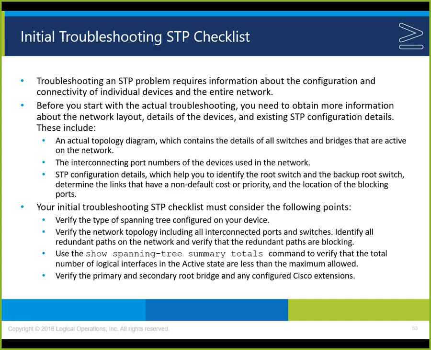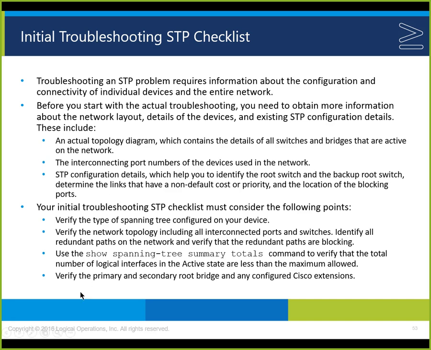Initially, consider the following: the type of spanning tree configured on your device, whether per VLAN, rapid, or multiple. How many instances do we have running? The network topology, including the interconnected ports, identify all the redundant paths of the network.